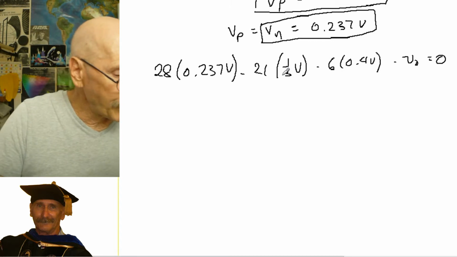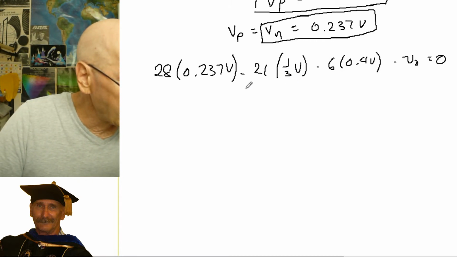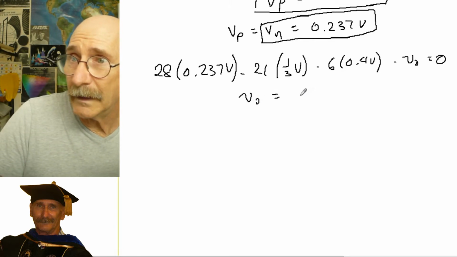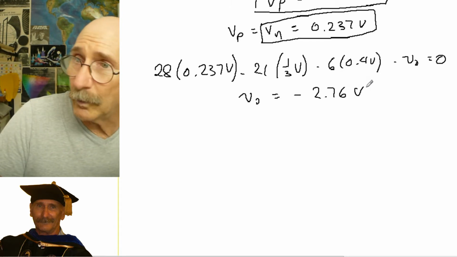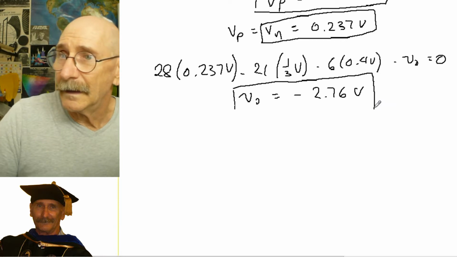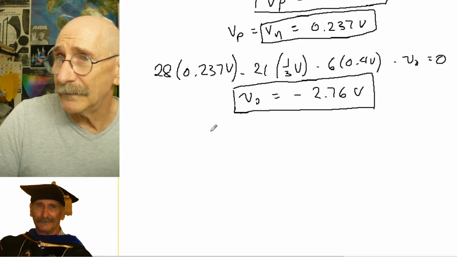Okay, so we can multiply all these numbers out, and I'll let you do that. And what you get for V out is a negative value. Once you work it out, V out is equal to negative 2.76 volts. Okay, so that's 3 of the 4 variables.